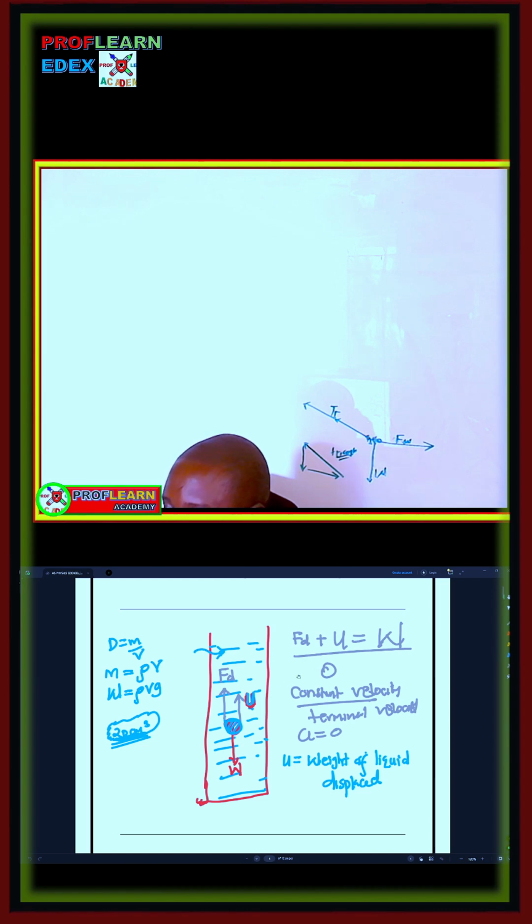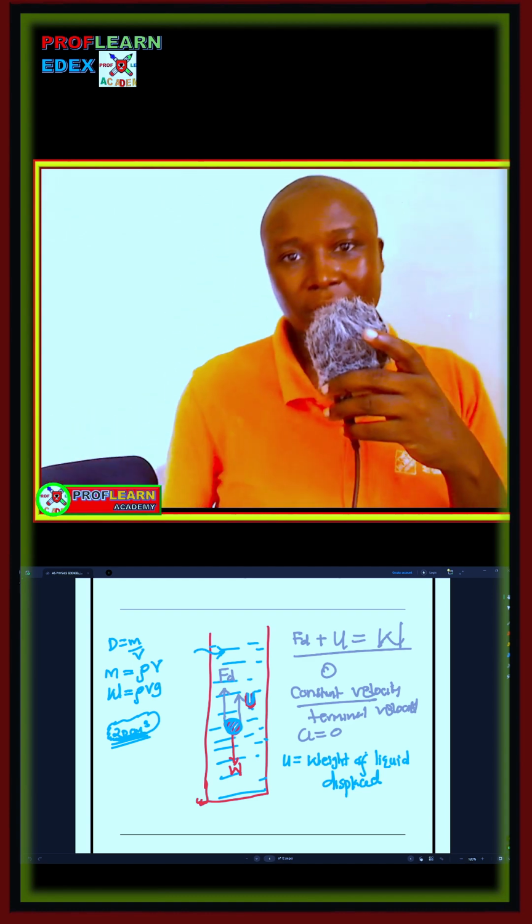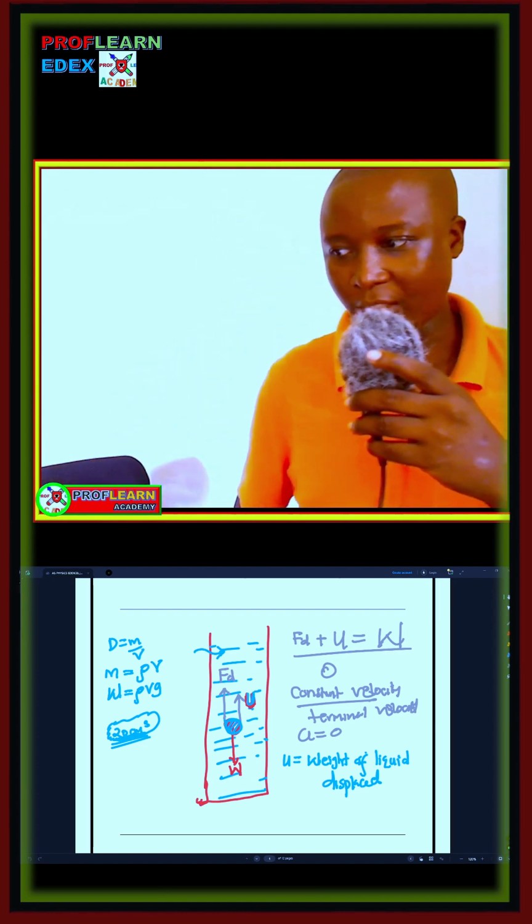If an object is moving at terminal velocity, you need to understand that terminal velocity is the constant maximum velocity attained by an object when it's moving through a fluid. The condition for an object to attain terminal velocity is that it experiences equal upward and downward forces.